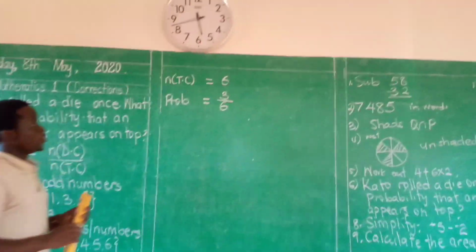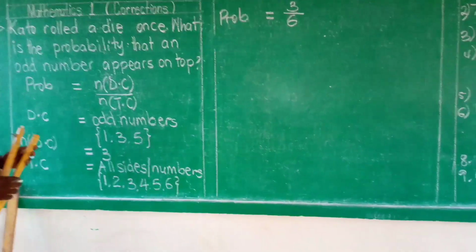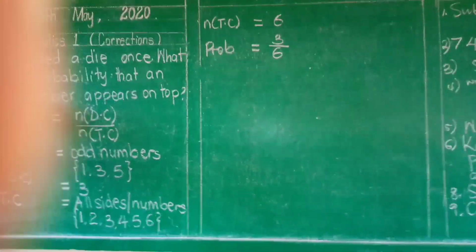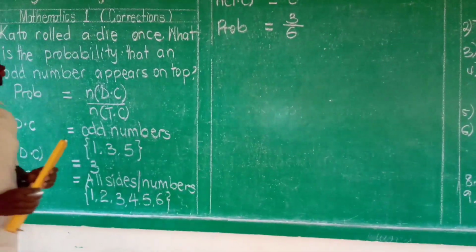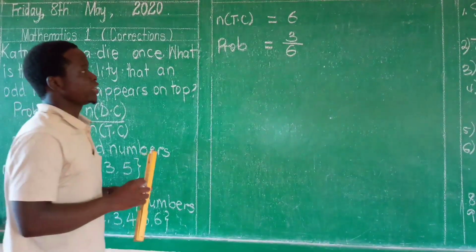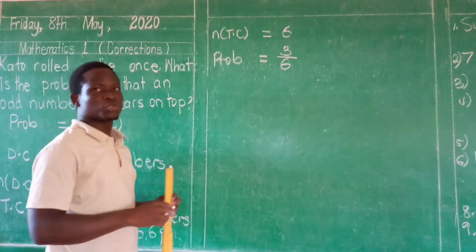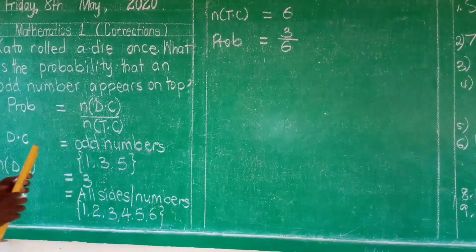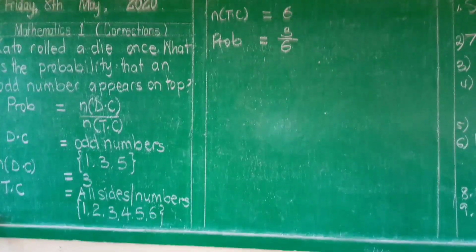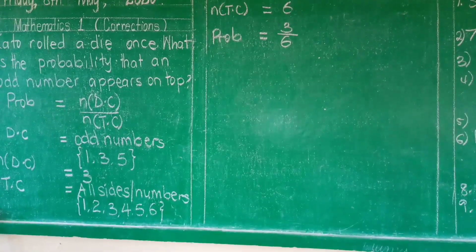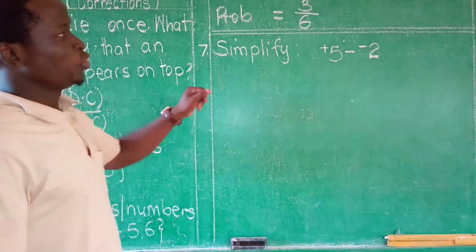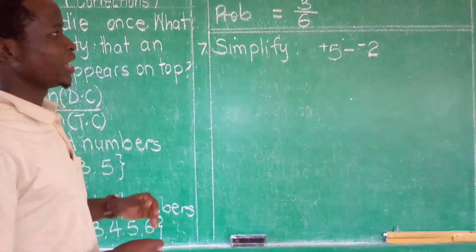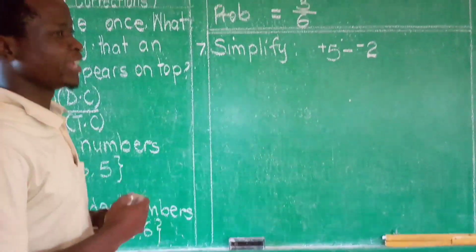And therefore, the probability of Kato getting an odd number appearing on top when he rolls a die once is 3 out of 6. That's the answer to question number 6. Yes, I hope you underlined your work as neatly as you can see mine.